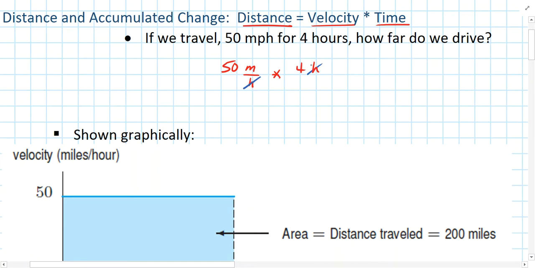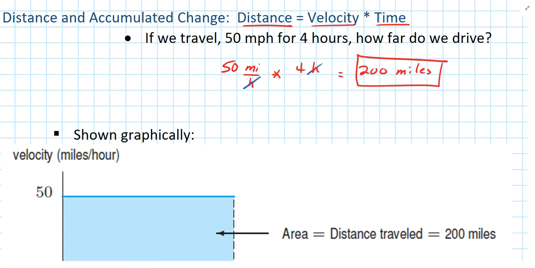So as we multiply, those two are going to cancel. And what we're left with is 200. And with no hour units, the only unit that's left is miles. So 50 miles per hour times 4 hours is a total of 200 miles traveled.